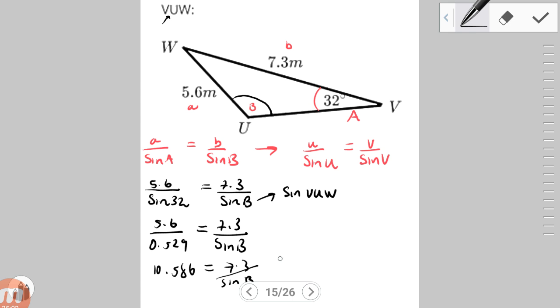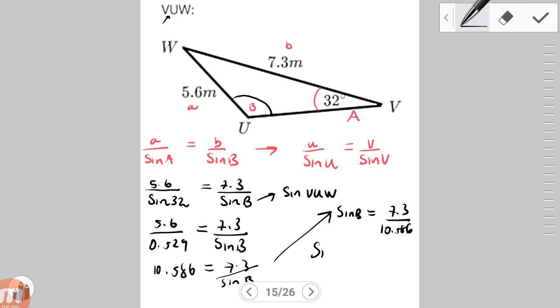So here we are finding again that the unknown variable, the angle, is in the denominator, so we're going to be doing a swap. We're going to be swapping the 10.586 with sine B, and that's going to be 7.3 divided by 10.586.